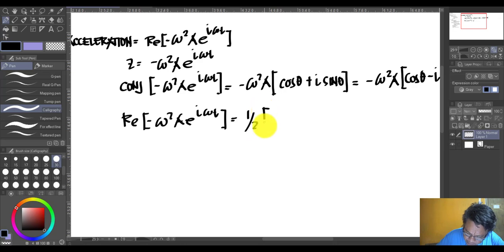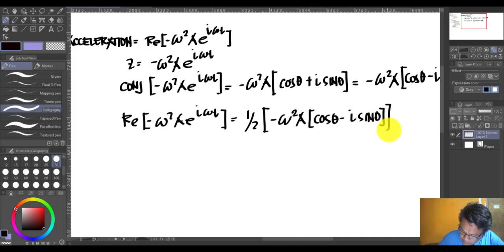Then the value of the function will be negative angular squared a, times the value here, cosine of theta minus i sine of theta.